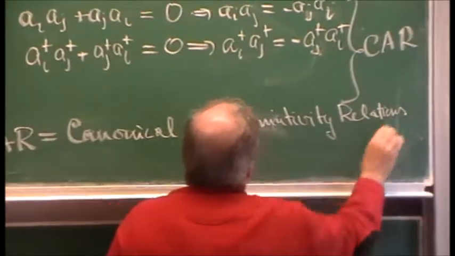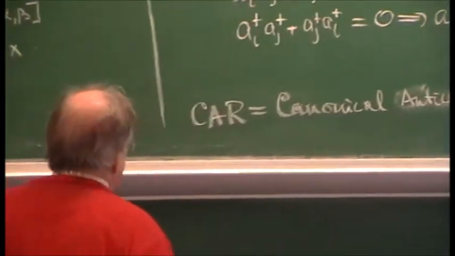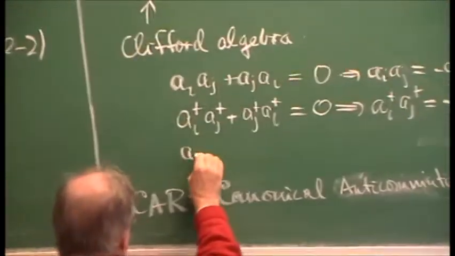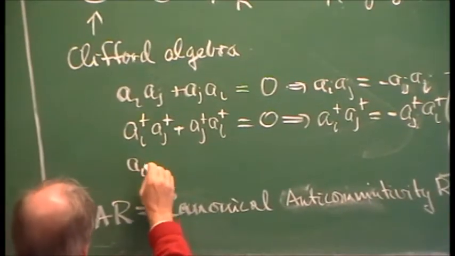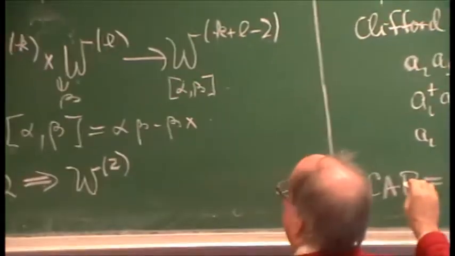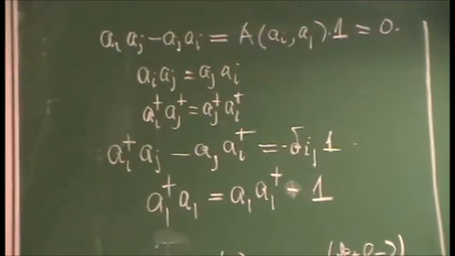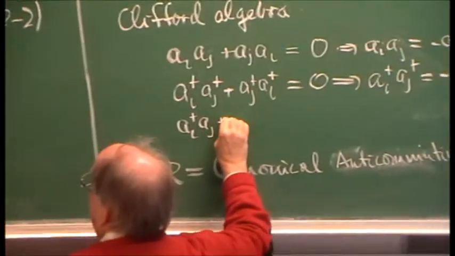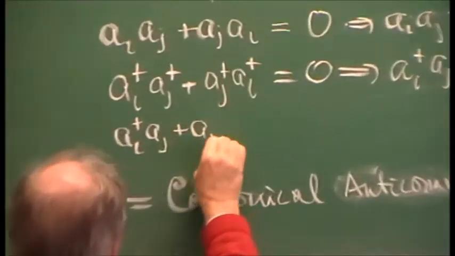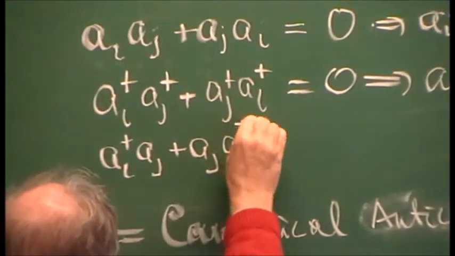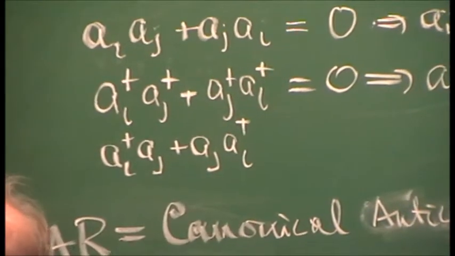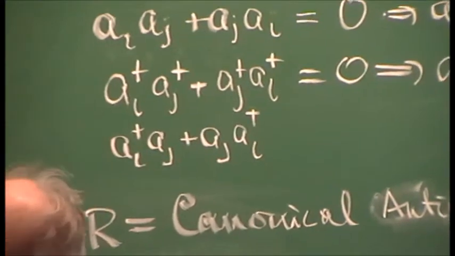Now I haven't done the third one, I have to do it, don't I? So let's try to do it parallel. a_i dagger, a_j, plus now, a_j, a_i dagger. Well, is equal, I guess it should be the same thing, I hope.